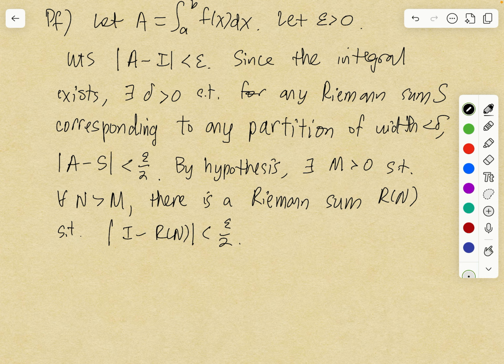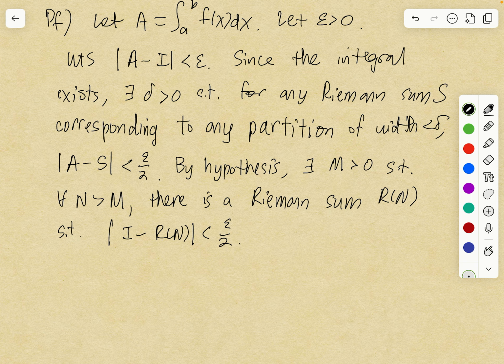And now, do you see what we are going to do? We're going to try to combine these two inequalities. So the hypothesis says that there is a Riemann sum R of n, right? Such that you have this inequality, and then the condition of Riemann integrability says that for any partition of width less than delta, any Riemann sum S corresponding to it, you have this other inequality.